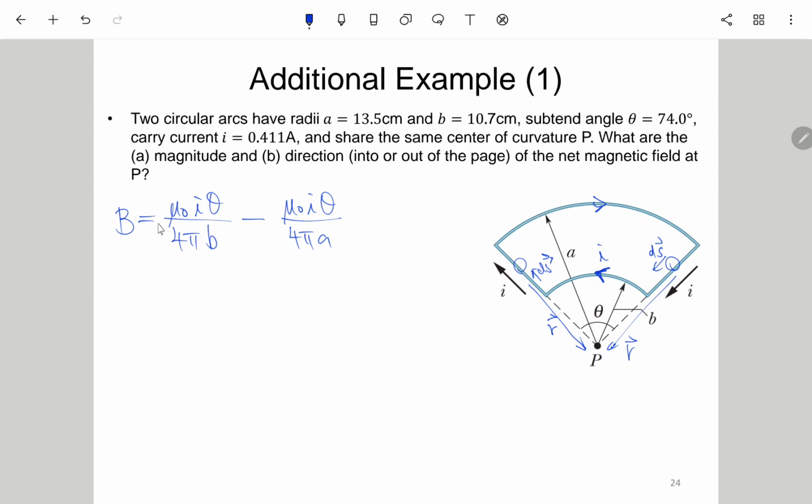Observing the magnitude, this one is stronger and this one is weaker, because point P is closer to this arc. So this term is positive, that term is negative, and finally the direction is out of the page.